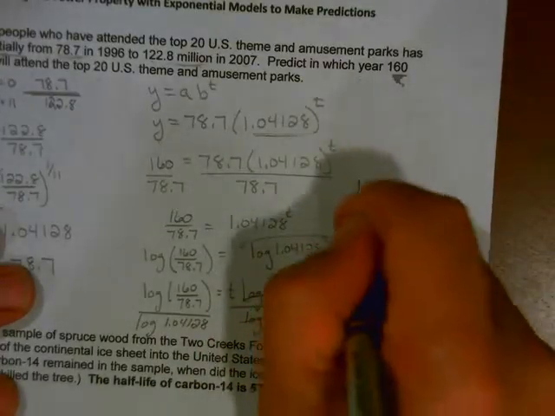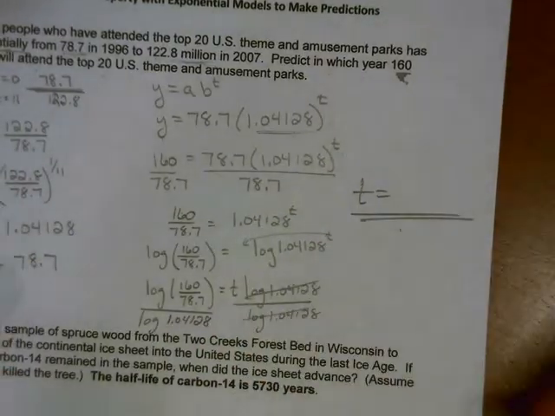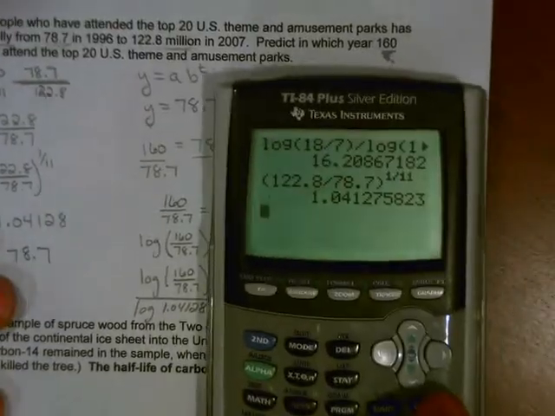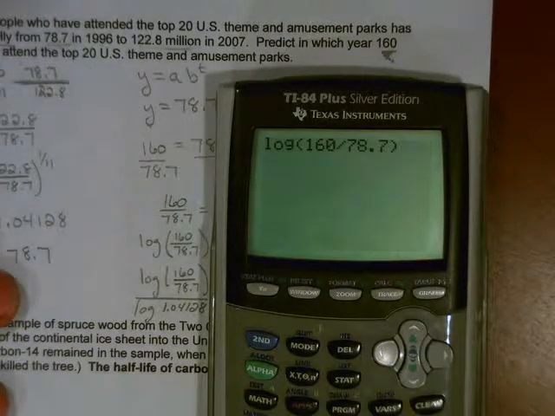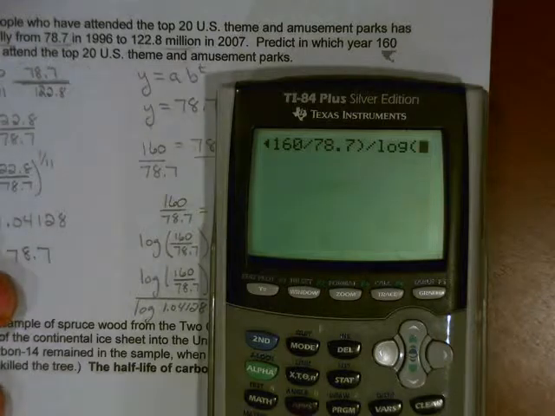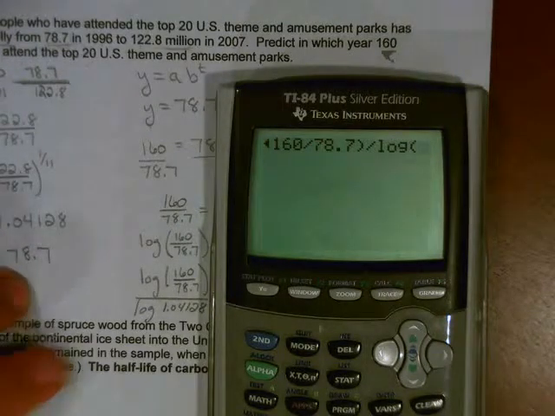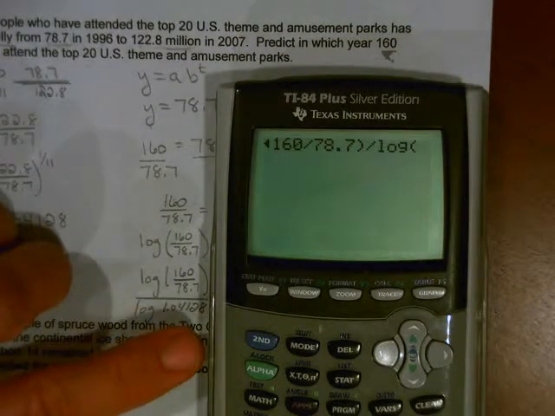Then we're going to get t equals, and as we put this in, be careful of your parentheses, so it's log 160 divided by 78.7. Now I'm closing my parentheses, divided by log, and if you had that number still stored from previous, you could use that ANS button and be more accurate.